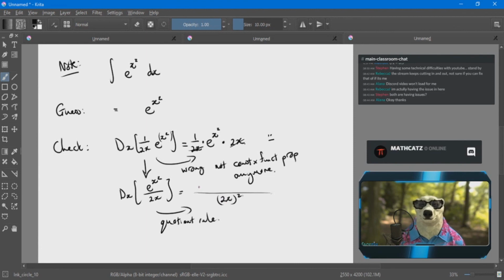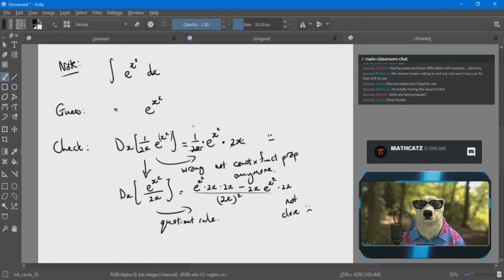Derivative of the top times the bottom minus the bottom times derivative of the top. It just is not the same anymore. I got further and further away.